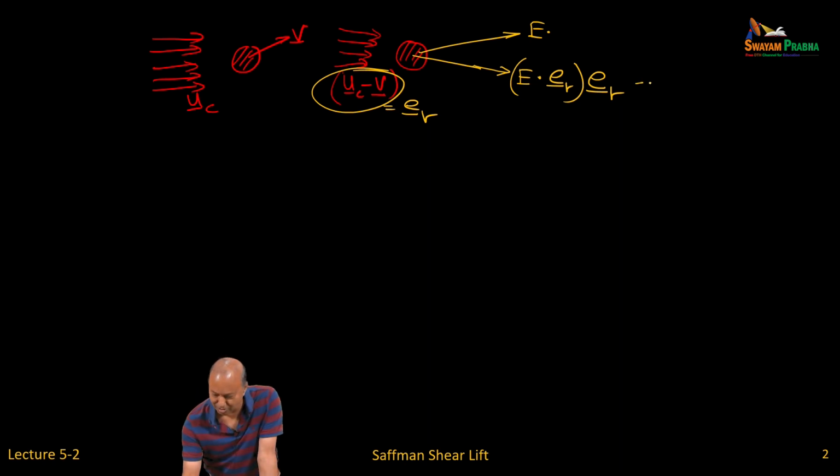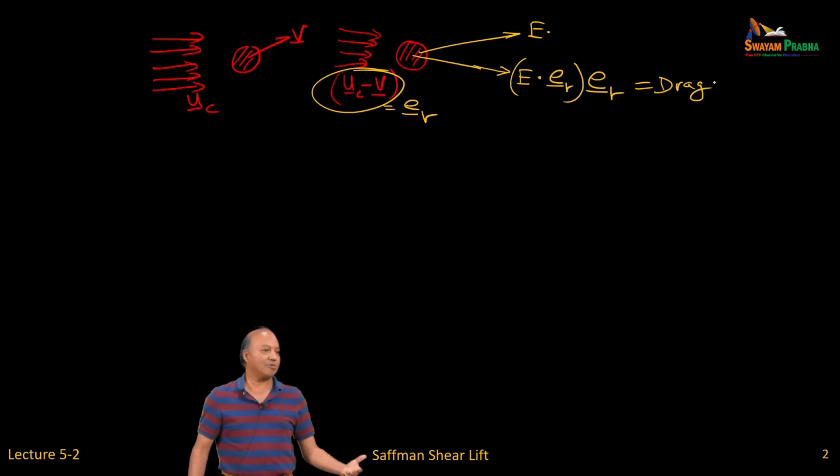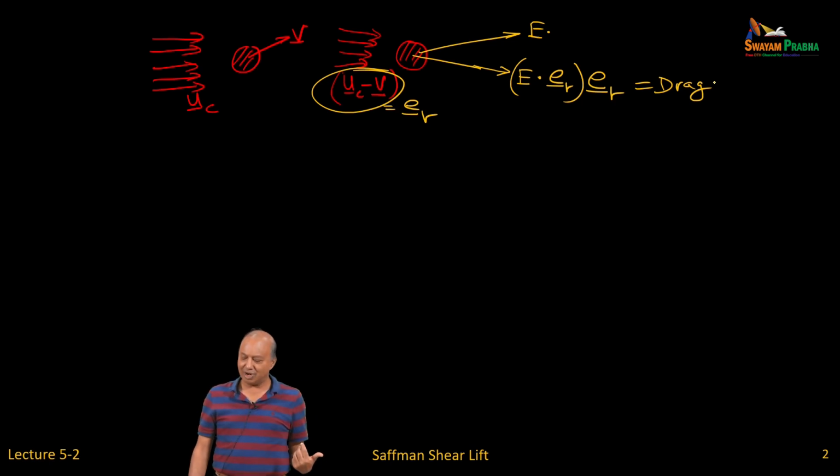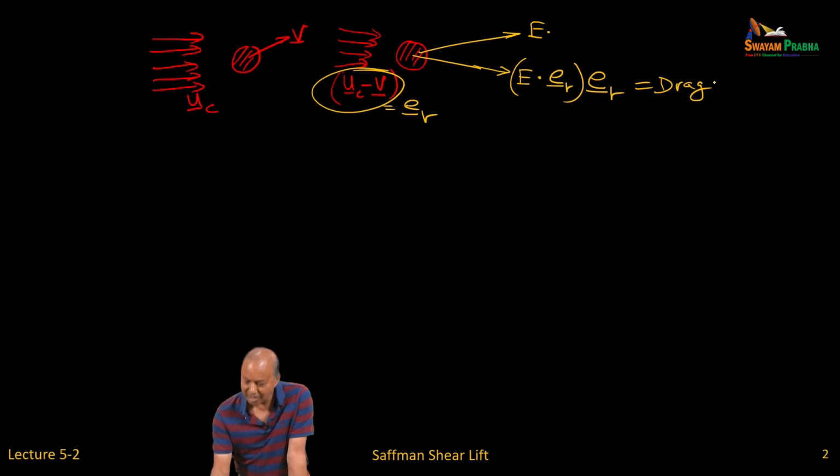This is what you will call drag. The particle experiences force in a direction which is not aligned with relative velocity, but the component that's aligned with the relative velocity is called the drag, and obviously the other portion, which is F minus drag, is lift.